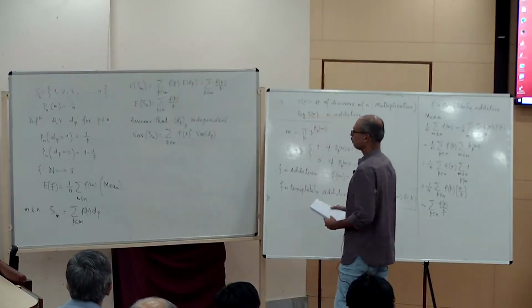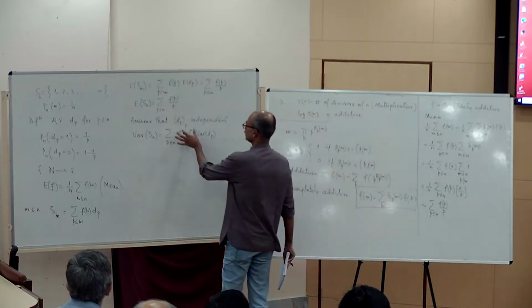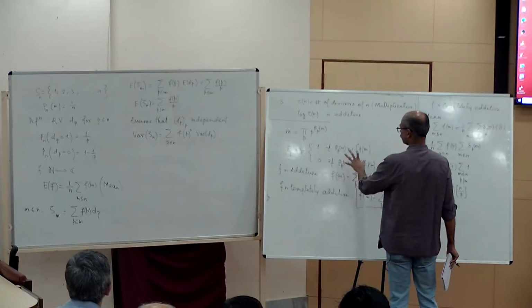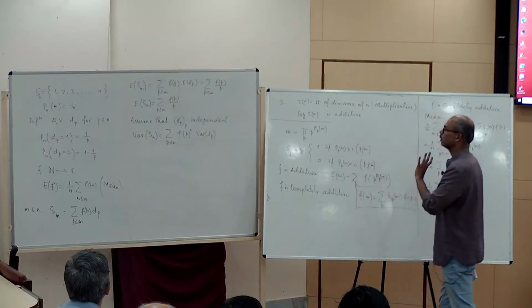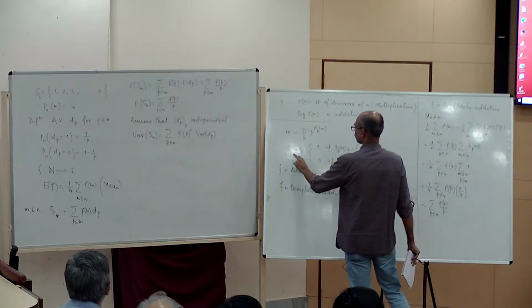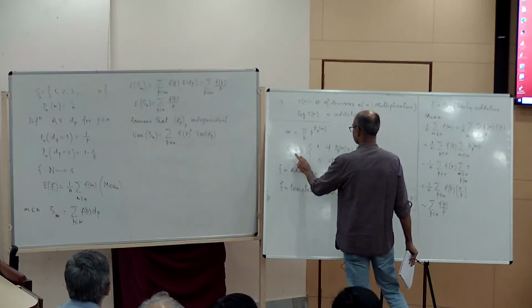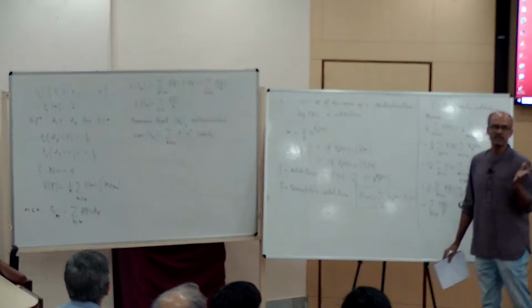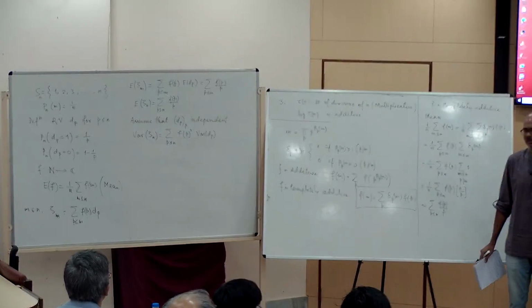And the point is why we are saying that they are independent, because we are modeling on things which are actually independent. Divisibility by two distinct primes are independent events.